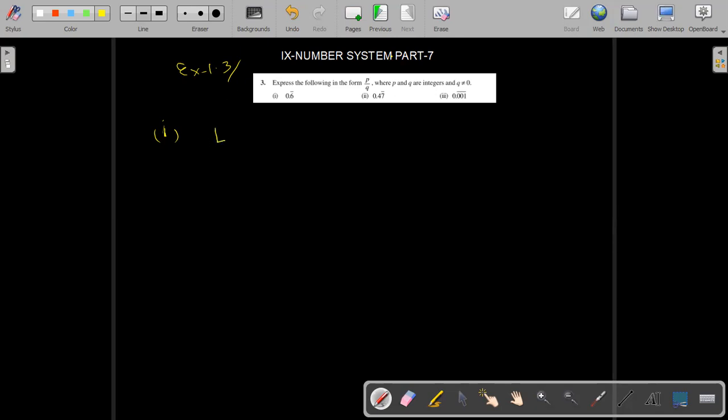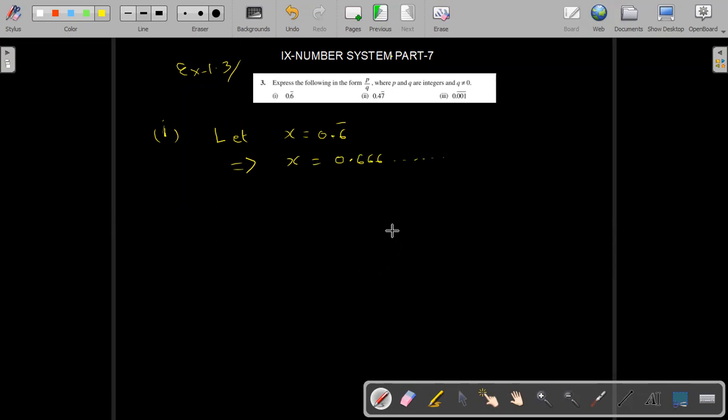What we will do is let the number which is given in the recurring form be x, x equals 0.6 bar. Then the decimal should be visible clearly, and then we will write the repeated number many times. Only one digit is repeated here, so write 6 at least 3 times.